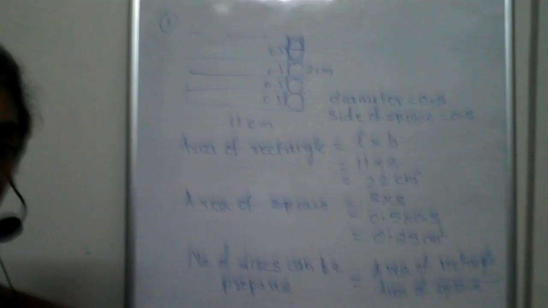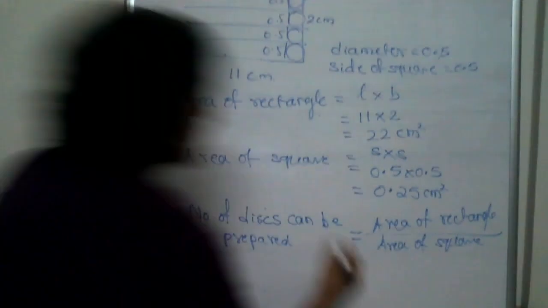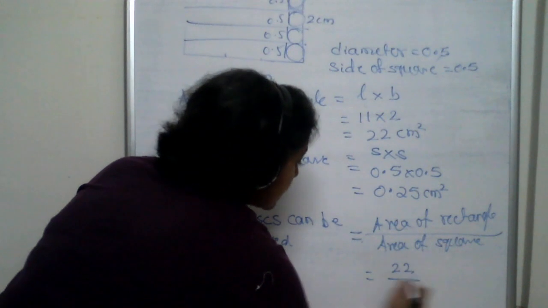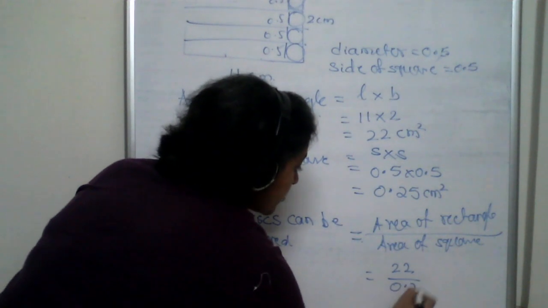Okay, so if this is so, now check it here. What we will have to do, area we have got already, 22 upon 0.25.